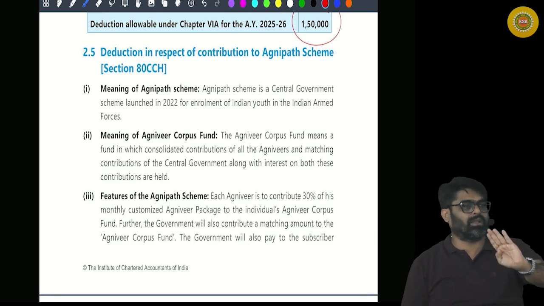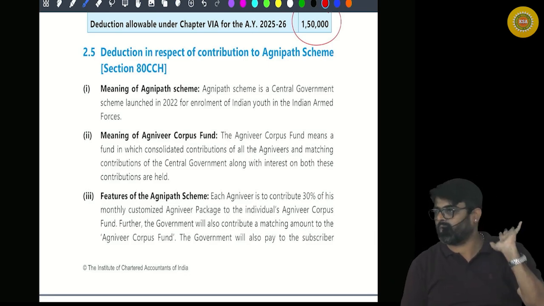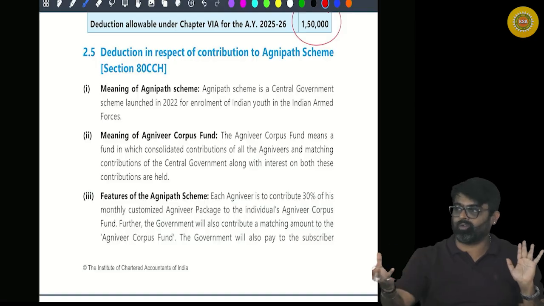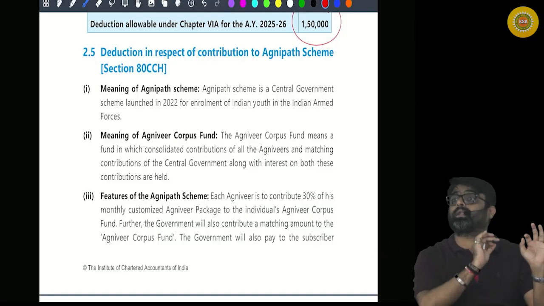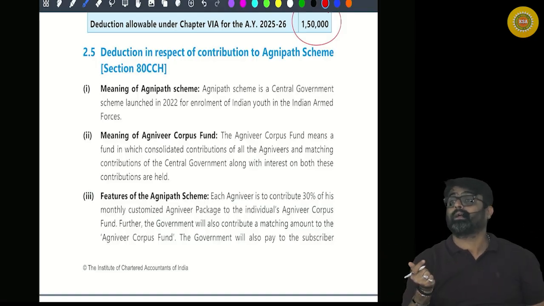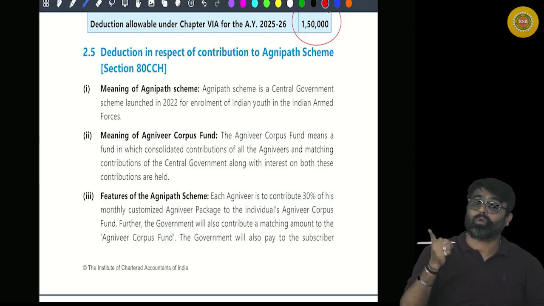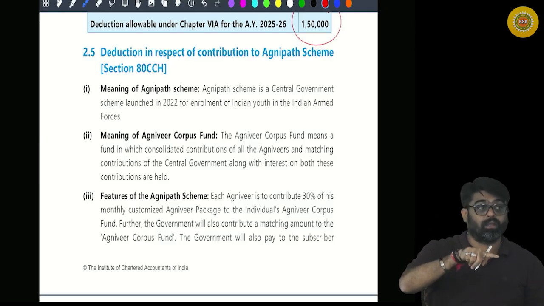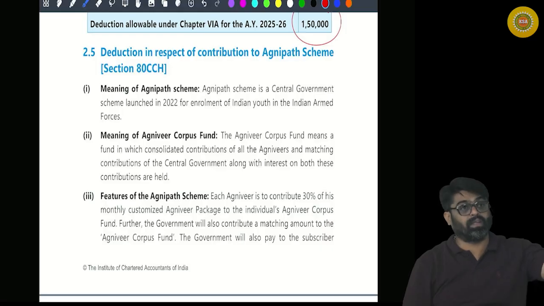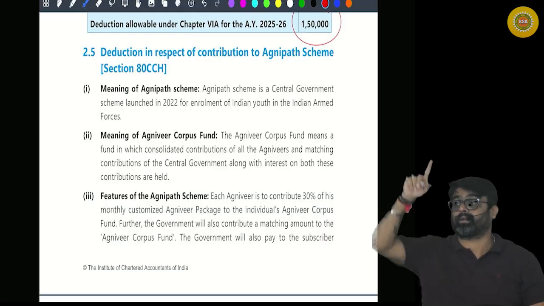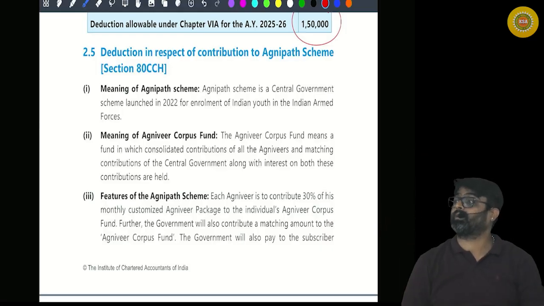Now if you are an Agnivir, you are as good as an employee of the government. Whatever you are getting from the government will be taxable under the head salary. And the contribution which the employer, meaning the government, makes in your Agnivir corpus fund every year, even that will be treated as your salary, taxable under the head salaries. Getting my point?